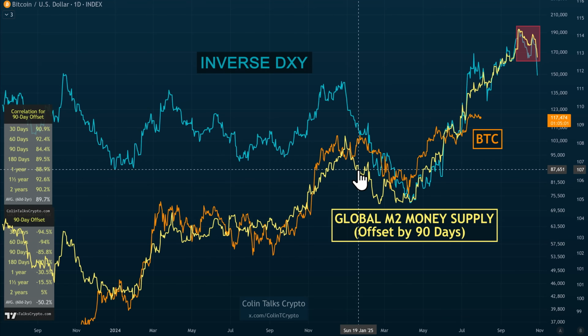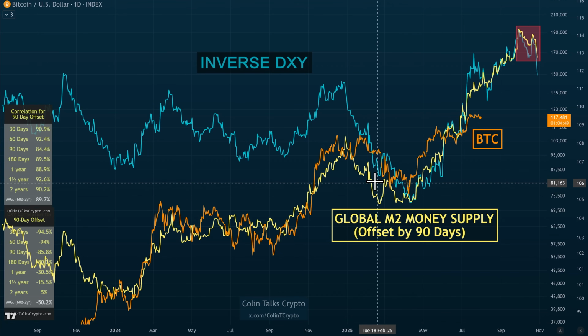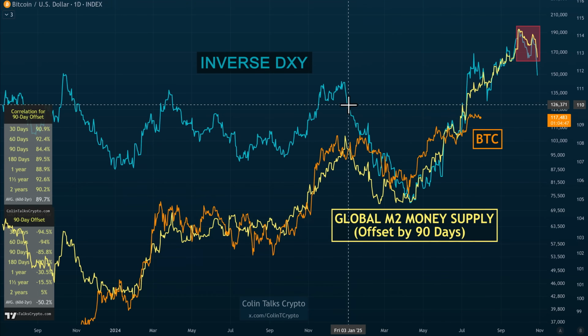And if I had to pick one as the most accurate and correlated with Bitcoin, I would hands down pick global M2, both visually and per the math over here on the left. So now you know, global M2 is similar to the inverse DXY, but not identical. And the inverse DXY does not track Bitcoin as well as the global M2 line does.